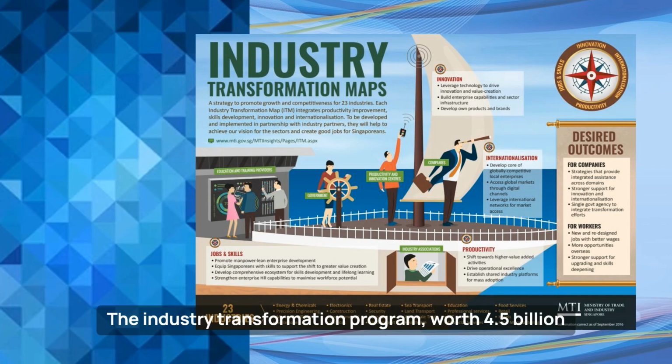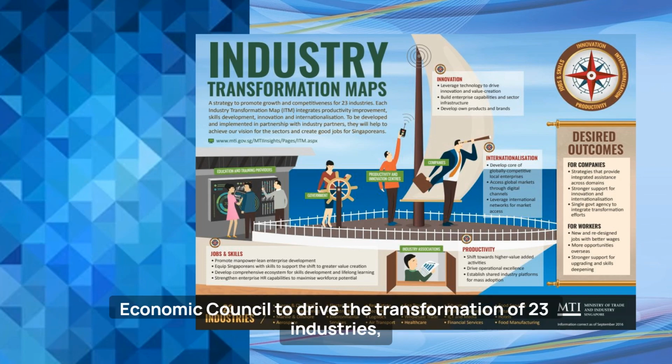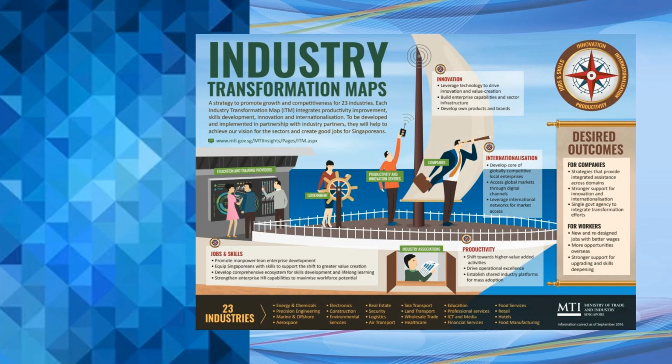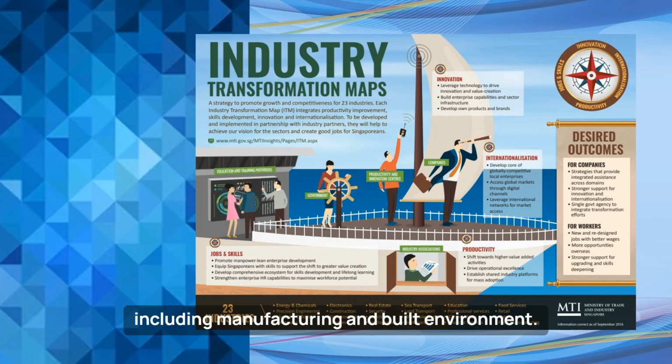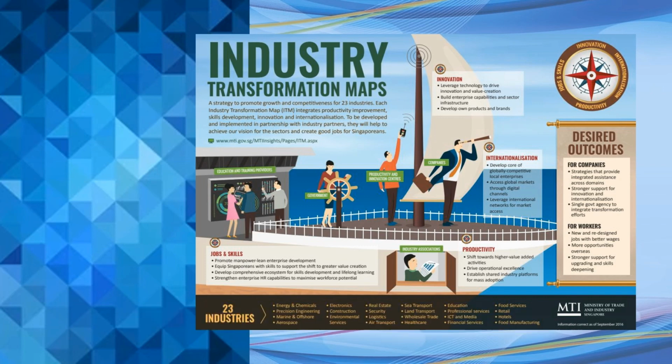The Industry Transformation Program, worth 4.5 billion Singapore dollars, was launched in 2016 by the Future Economic Council to drive the transformation of 23 industries, including manufacturing and the built environment.